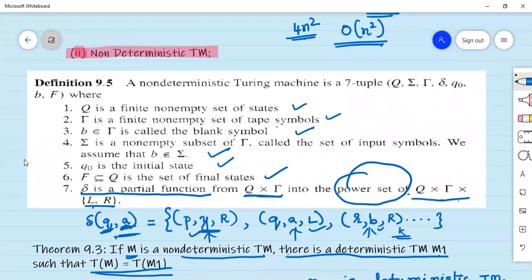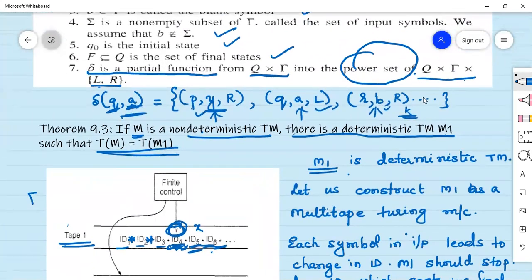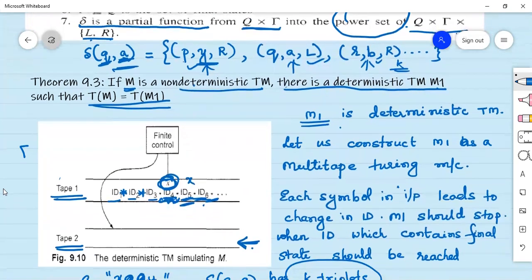And finally, we talked about what we mean by a non-deterministic Turing machine, and how we can convert it into a deterministic Turing machine by taking the help of multi-tape Turing machines. Okay, and with this, I'll stop today's class.